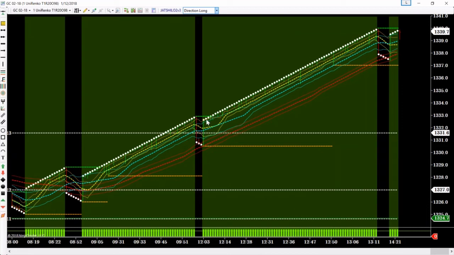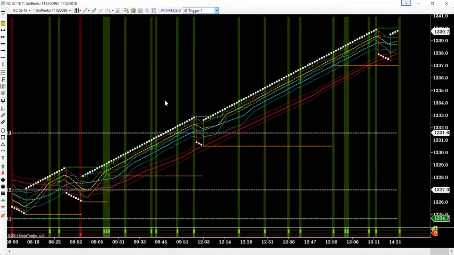This is going to be at the bar close. So I'm going to take this for a 1 or 2 contract trade for a 2-to-1 or 1-to-1 position. And then I want to leg in on these shorter triggers in the direction of the trade.